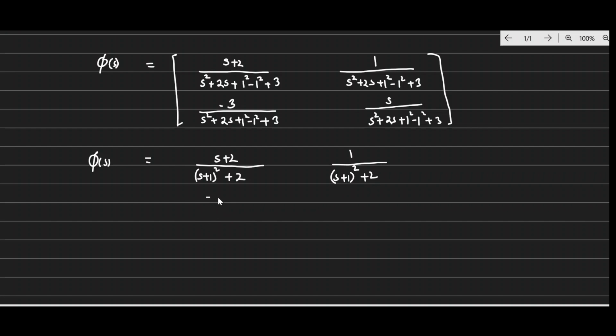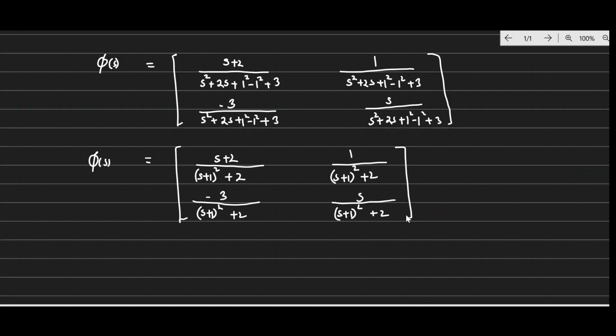Similarly here, you have negative 3 over s plus 1 squared plus 2. And then here you have s over s plus 1 squared plus 2. So this is our phi of s.